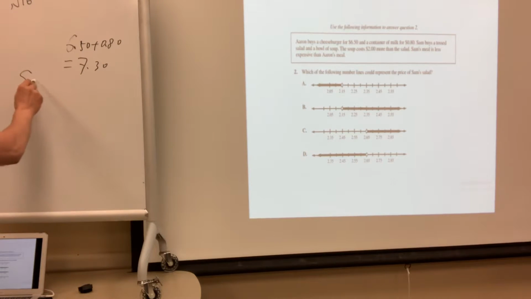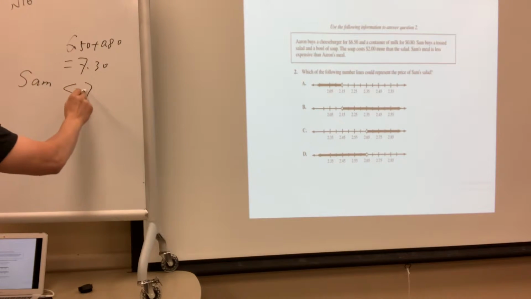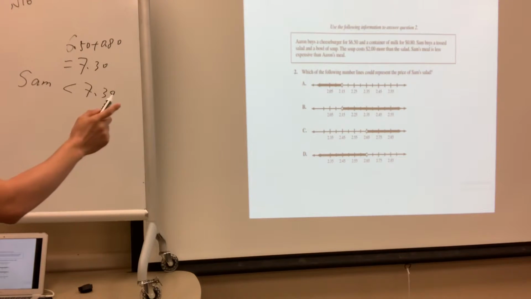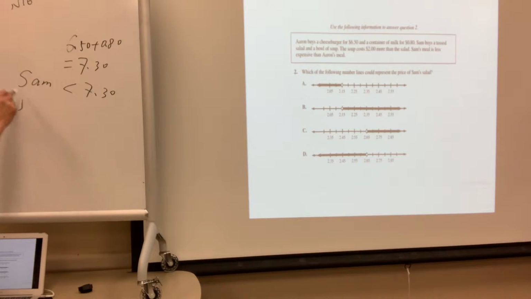So Sam's cost should be less than this one. First, let's assume Sam's cost is exactly $7.30. I use elementary math, okay? So let's say the salad is like this. And then what more than that? So this is the soup, right?